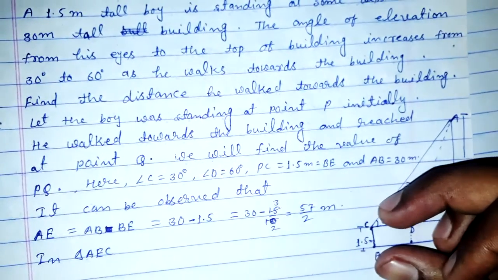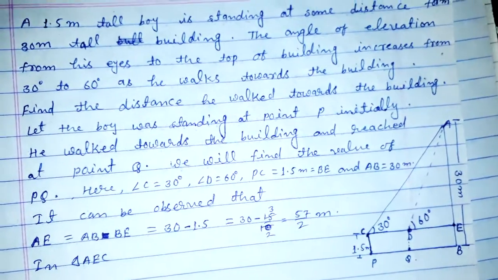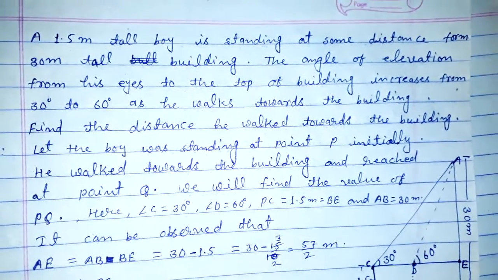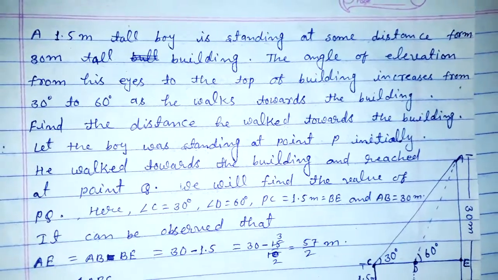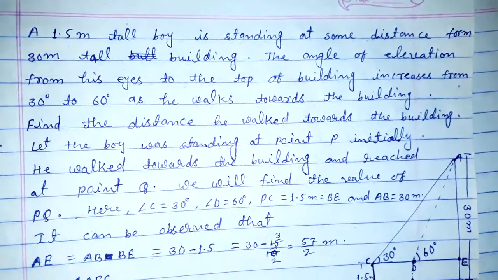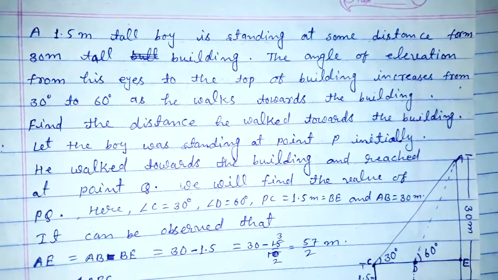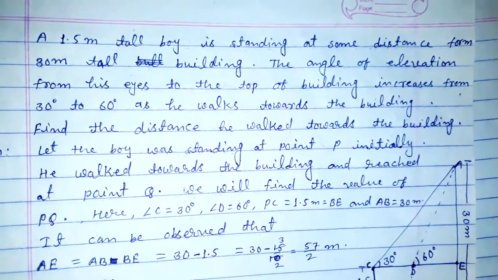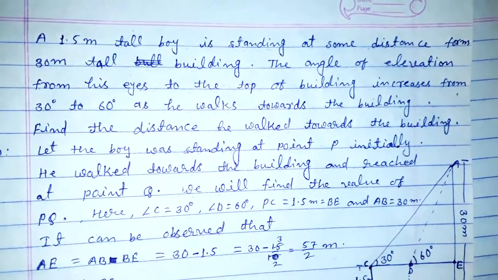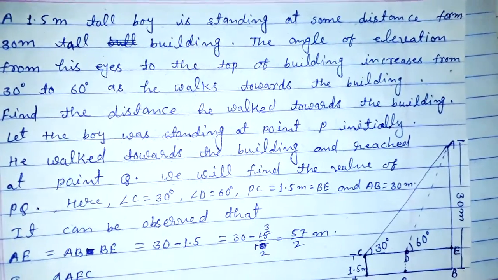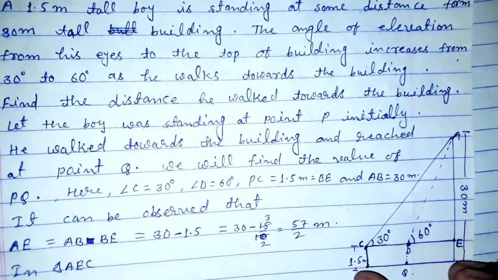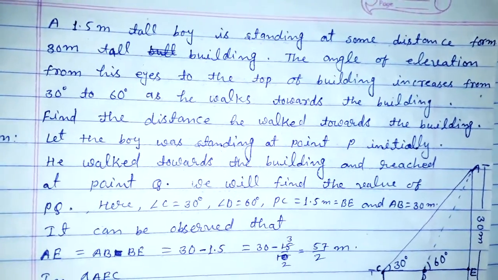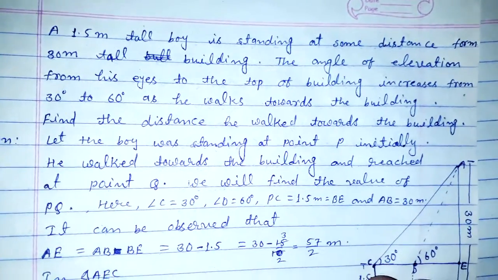The angle of elevation from his eyes to the top of the building increases from 30 degrees to 60 degrees as he walks towards the building.